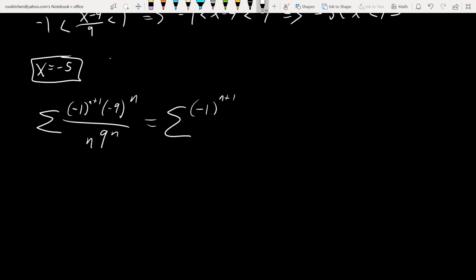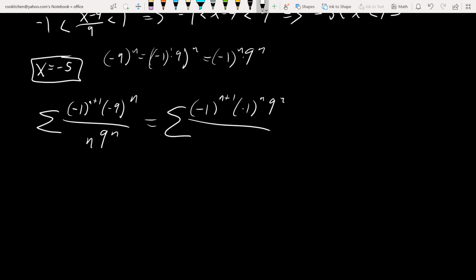Negative 9 to the n is equal to negative 1 times 9 to the n, right? And then we could distribute that exponent and get negative 1 to the n times 9 to the n. Right? So that's what I'll have, and then I can remove the 9 to the n's in the numerator and denominator. Negative 1 to the n plus 1 times negative 1 to the n. What is that?